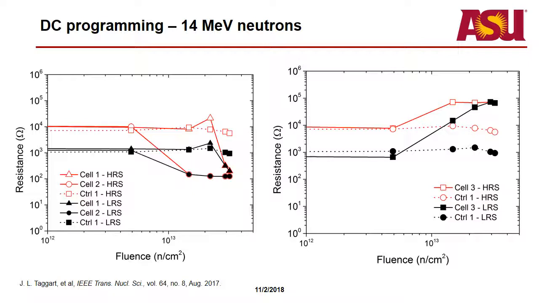So again, for these tests, we did a fluence step of neutrons, and then we did a set of IV sweeps, and then hit it again, and then IV sweeps, and so on and so forth. Since we were working with higher fluence steps, I was able to do 5 IV sweeps between each fluence step.